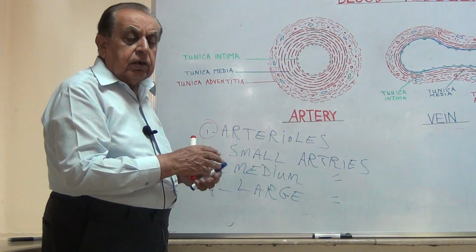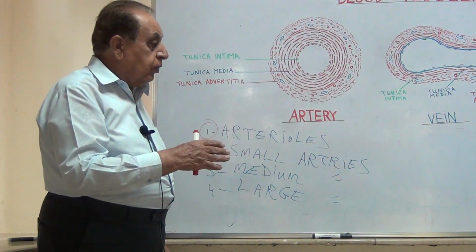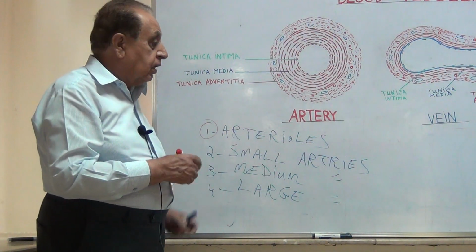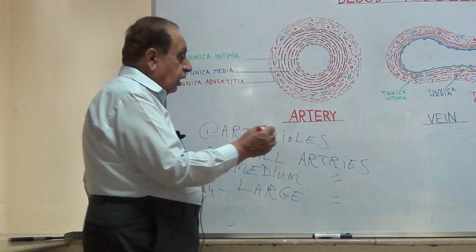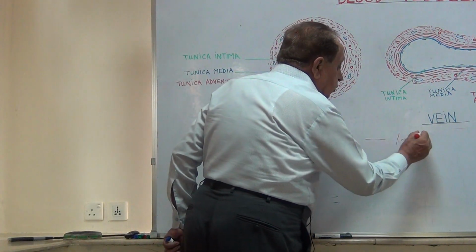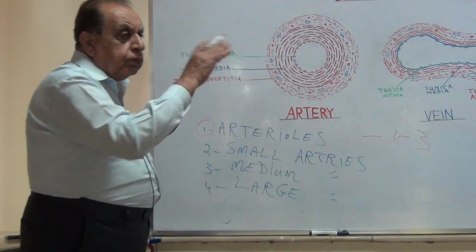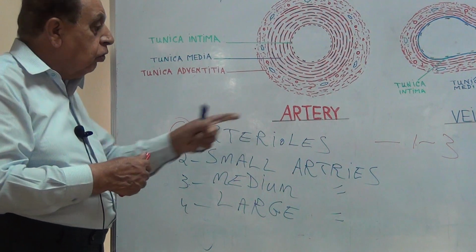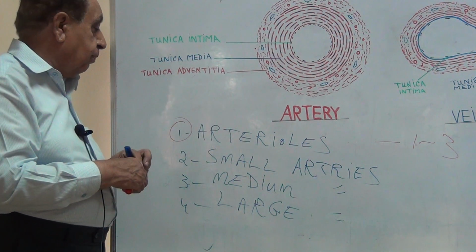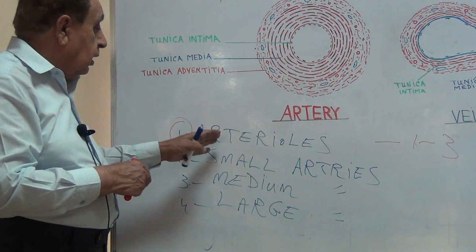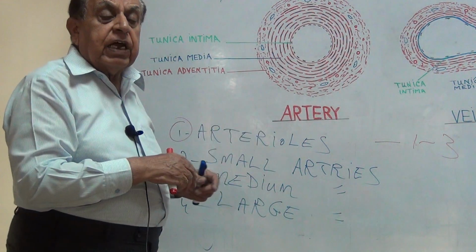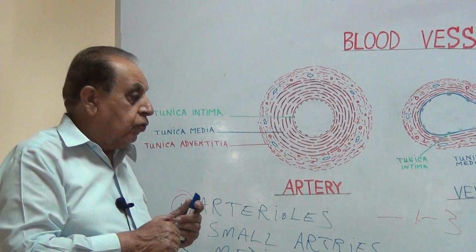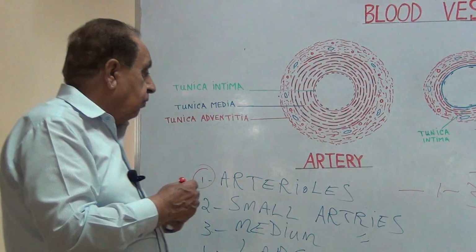Outer to that is the middle layer, the tunica media, which contains 1 to 3 layers of smooth muscle fibers. And the outermost layer, the tunica adventitia, contains fine connective tissue fibers.